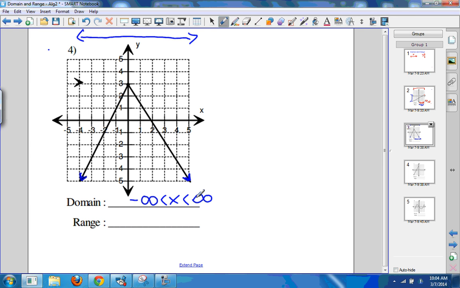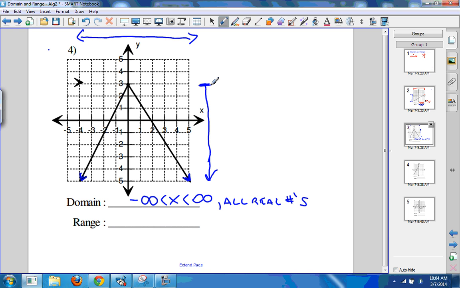Basically, this graph covers every single X value, forever and ever. Or a more common way to say it is just all real numbers. Either one of those works. All real numbers, not imaginary numbers.